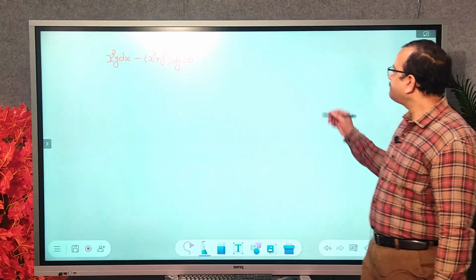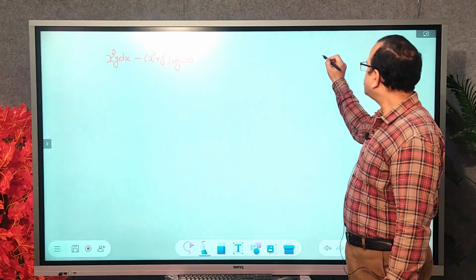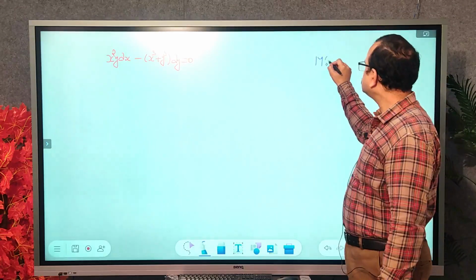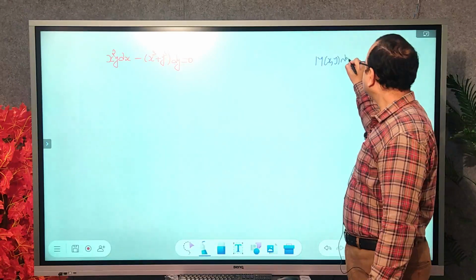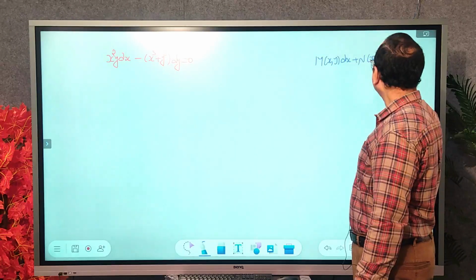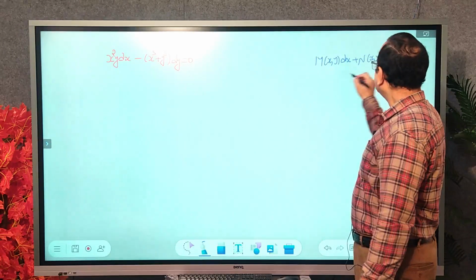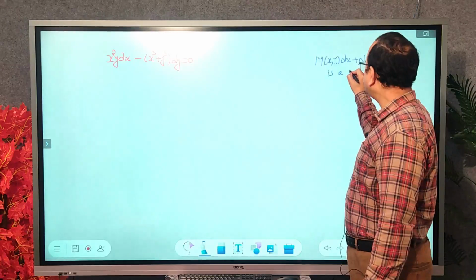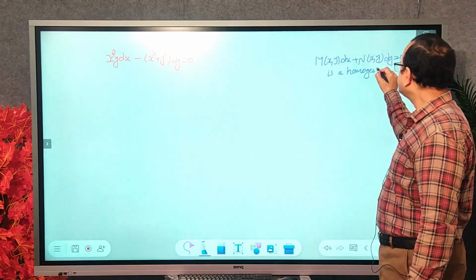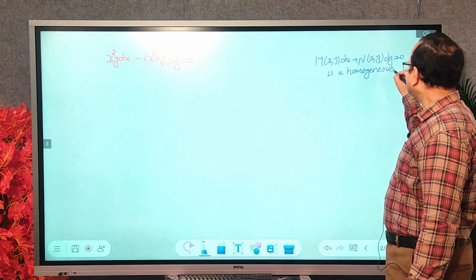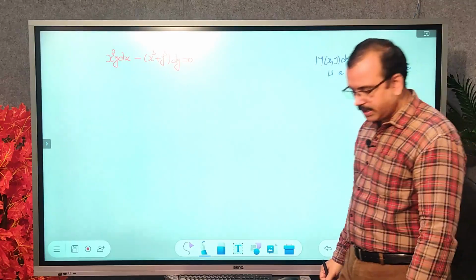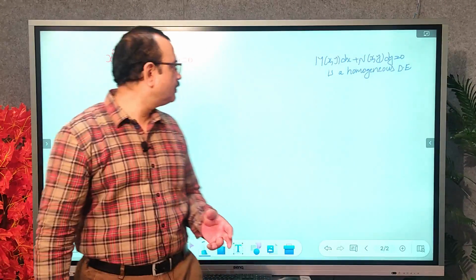Suppose, for example, the given DE M dx plus N dy is equal to 0 is a homogeneous differential equation.